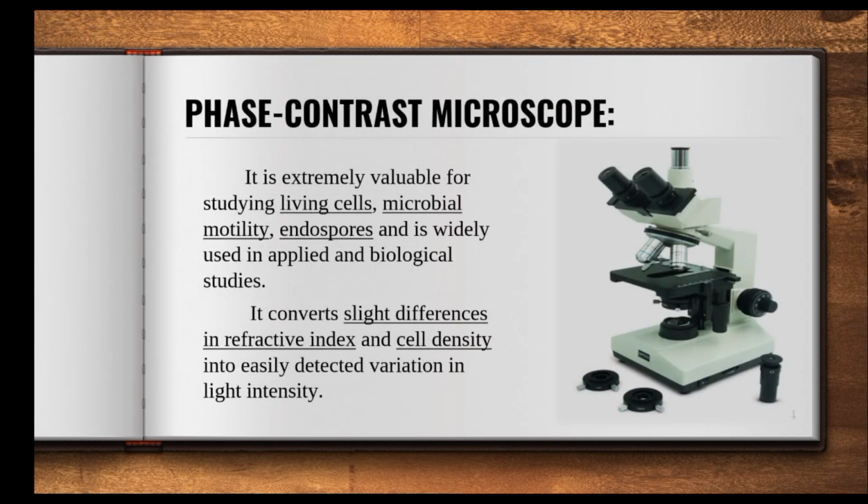Phase contrast microscope. It is extremely valuable for studying living cells, microbial motility, and endospores, and is widely used in applied and biological studies. It converts slight differences in refractive index and cell density into easily detected variation in light intensity.